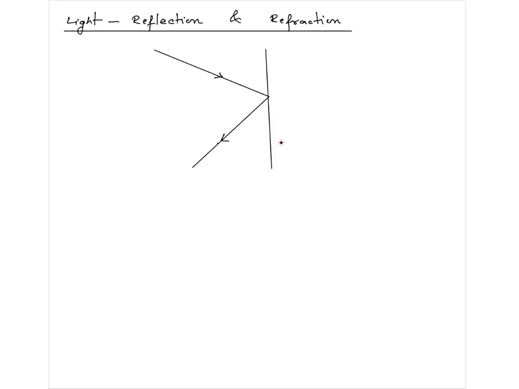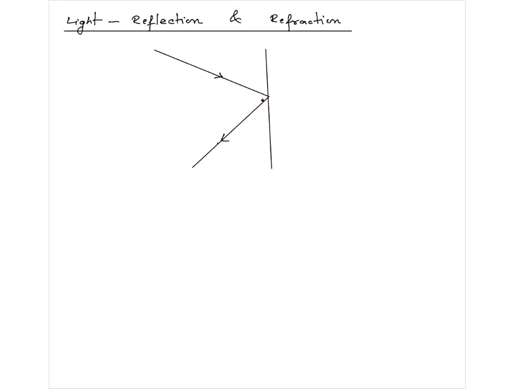I'm considering the nice reflecting side because, depending on the surfaces, how much reflection, how much refraction, and how much absorption would take place depends. Some surfaces are very good for reflection, some are very good for absorption, and some are very good for transmission or refraction. So let's consider a good, nice reflecting surface. Now it's a straight plane surface.